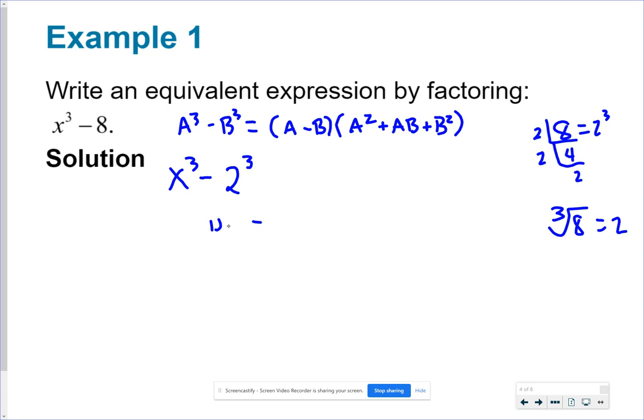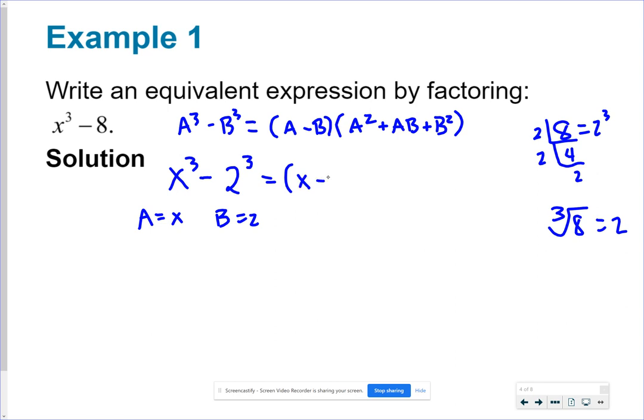So what we have to look at is what we use for our a and what we use for our b. So for us, a is going to be x and b is going to be 2. And then we just plug numbers, letters, variables into our formula.